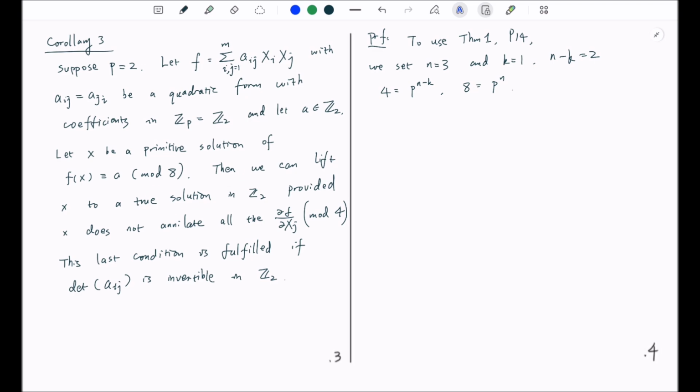And in view of our assumption here, let little x be a primitive solution of f of x congruent to A modulo 8 that does not annihilate some df by dxi.